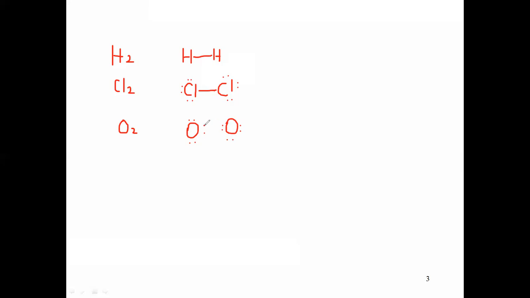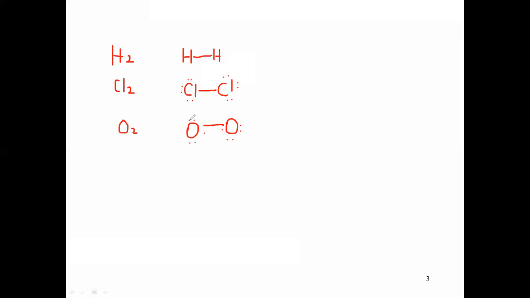Now we will draw a bond. After drawing a bond, you have to just count the number of electrons on each atom. If it completed its octet, that will be the Lewis structure. If it's not completed, we have to make the bond double or triple based on the atoms.